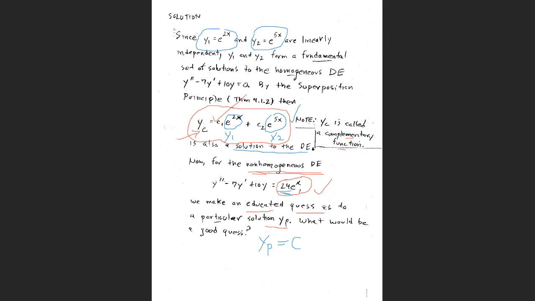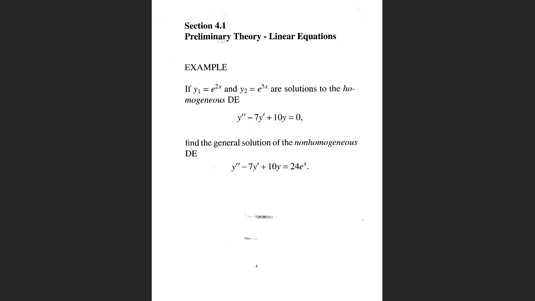And if you notice, Mark, the first differential equation was y double prime minus 7y prime plus 10y equals 0. Okay, let me go back to the original thing here. What's the only difference between the homogeneous differential equation and the non-homogeneous differential equation?